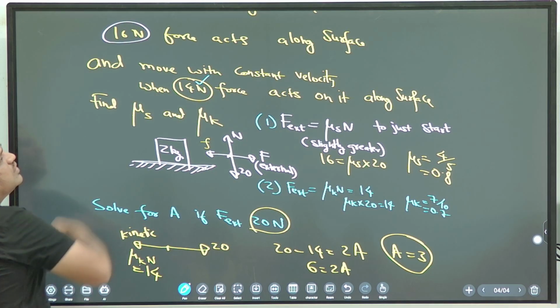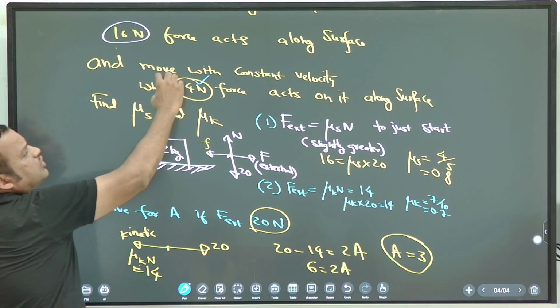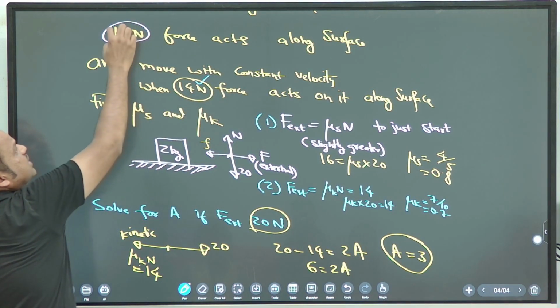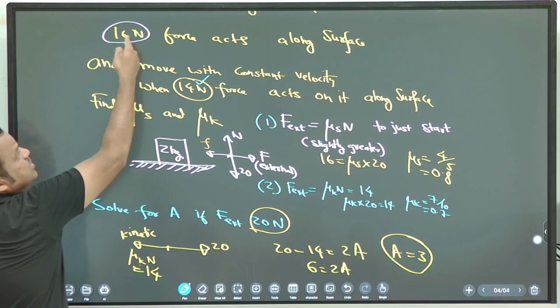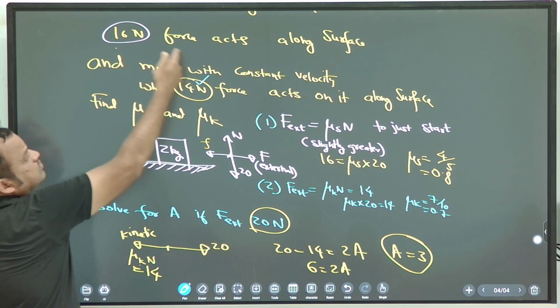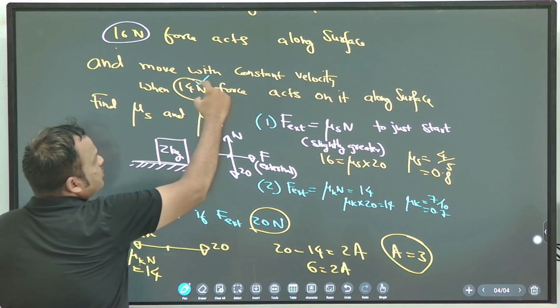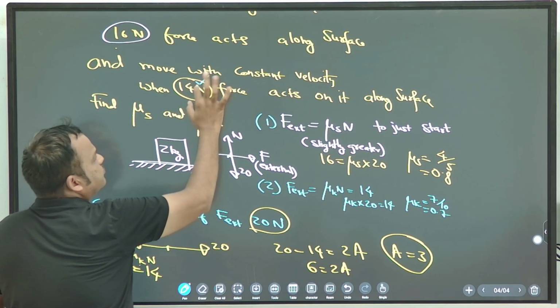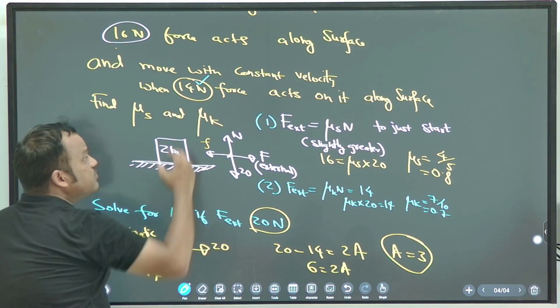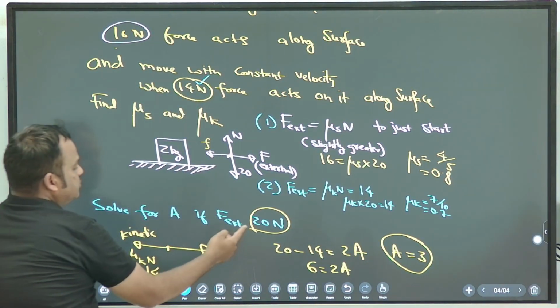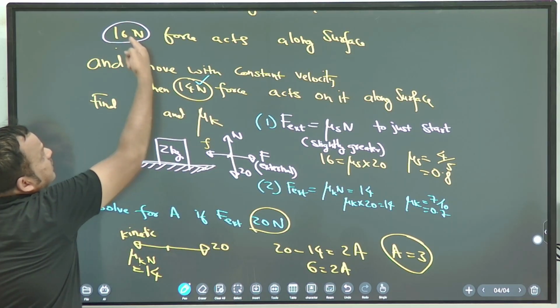So what is easy? To move with constant velocity, or to just start? More force is needed to just start. To move with constant velocity only 14 is enough. To move with acceleration, meaning velocity increasing, more than 16 is needed.